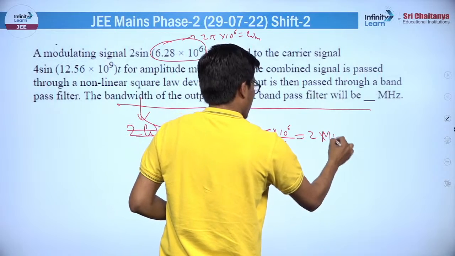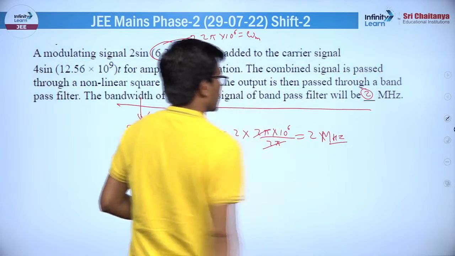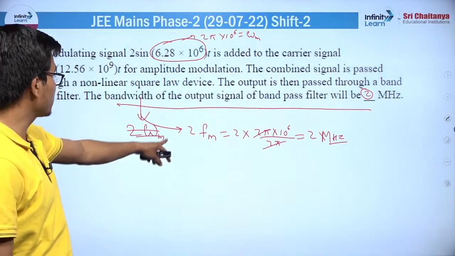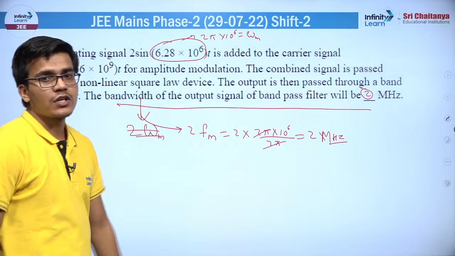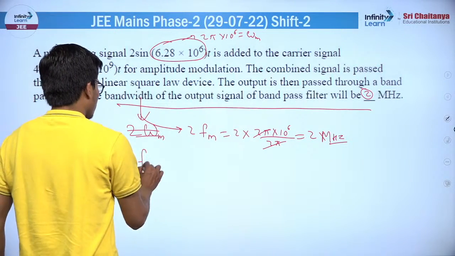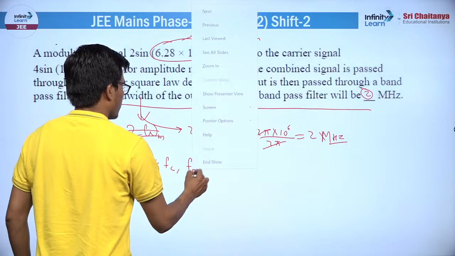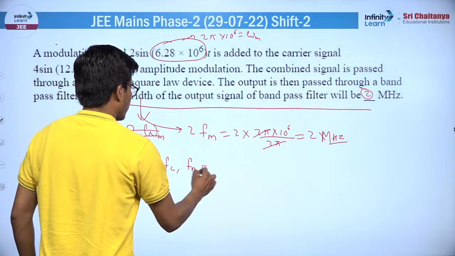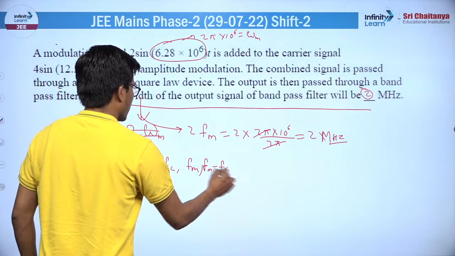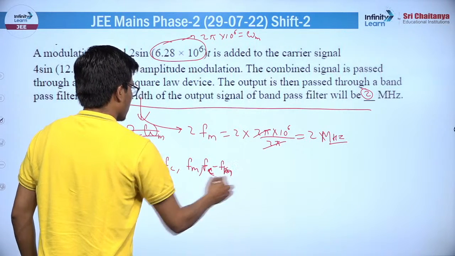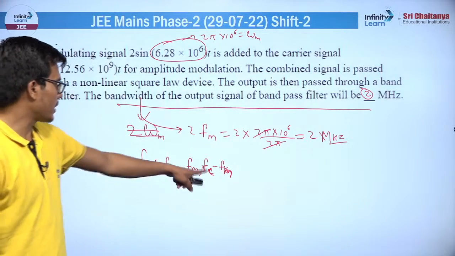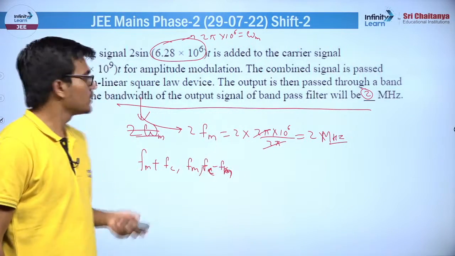So it is 2 megahertz. So it should be 2 only. Simple question again, but you have to remember that the bandwidth of the output signal is 2 FM. How did it come? After the modulation, you have 3 possibilities: FC, FC plus FM, and FC minus FM, right? So the maximum bandwidth will be 2 FM only.